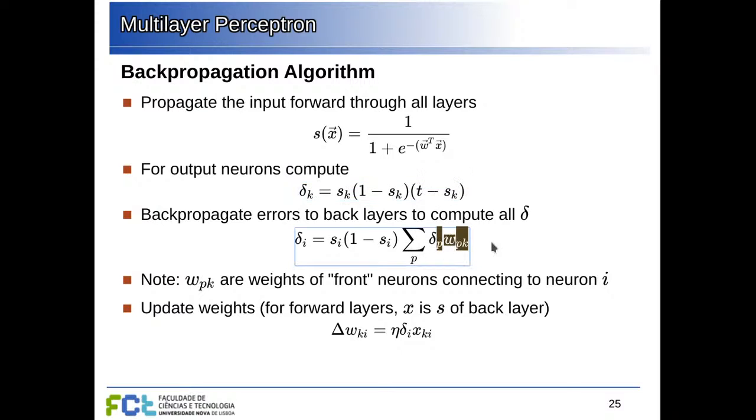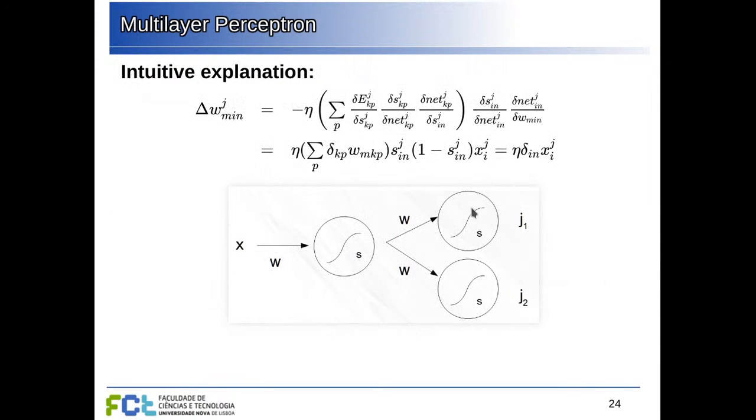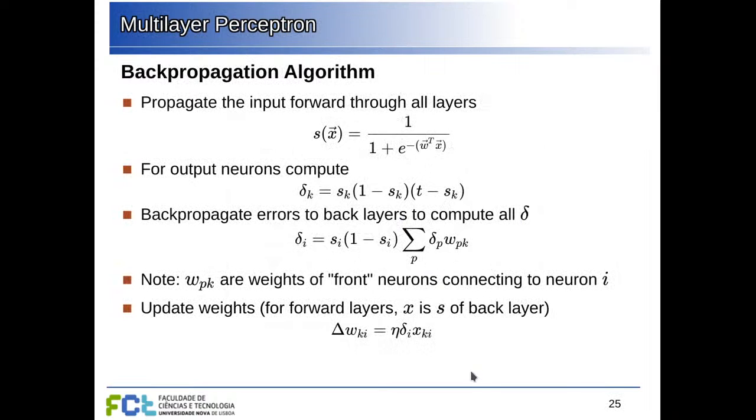And then we backpropagate these errors through the previous neurons. So we keep propagating all the contributions of all the derivatives all the way back through the network. And this is the backpropagation algorithm, and then we can update the weights after we calculate all these deltas.